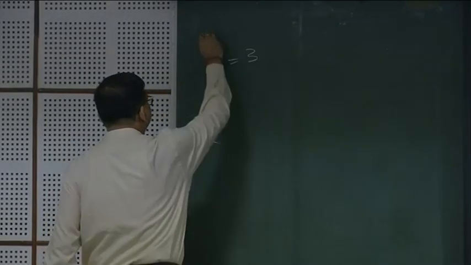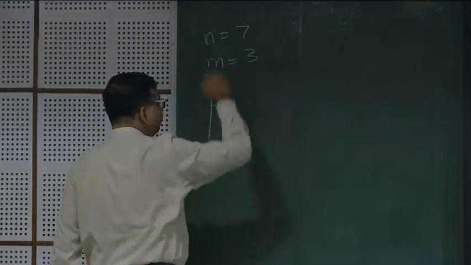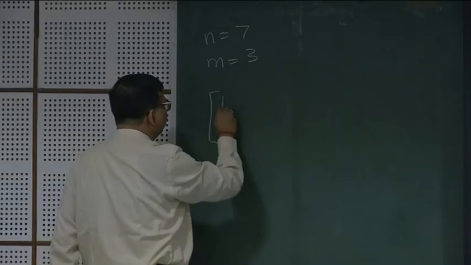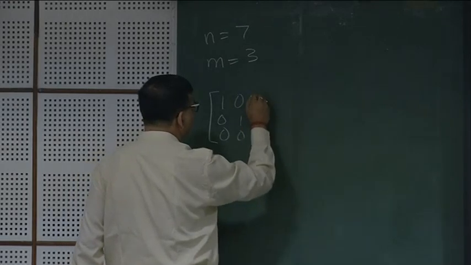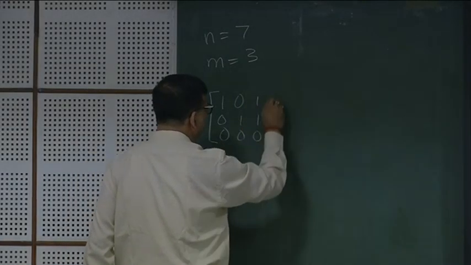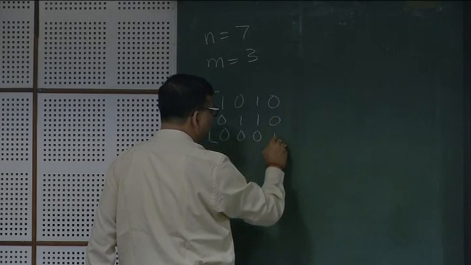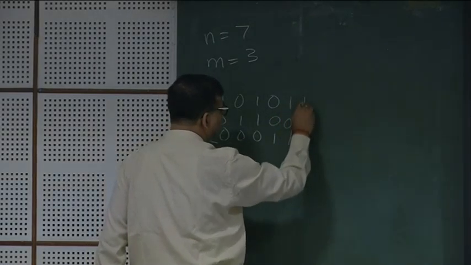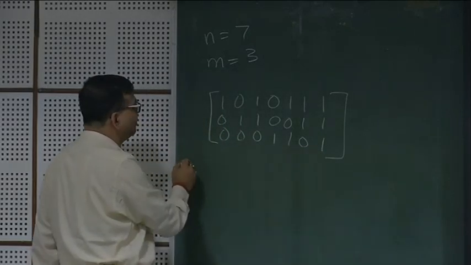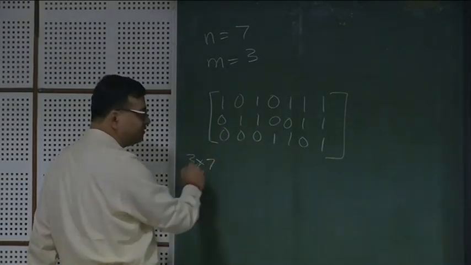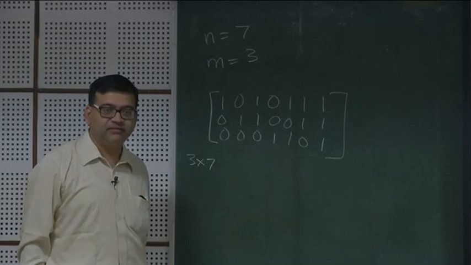If m is 3, what is n? 7. So, this will be 1 0 0, 0 1 0, let us say 1 1 0, 0 0 1, 1 0 1, 1 1 0, 1 1 1. This is basically your 3 cross 7 H matrix.